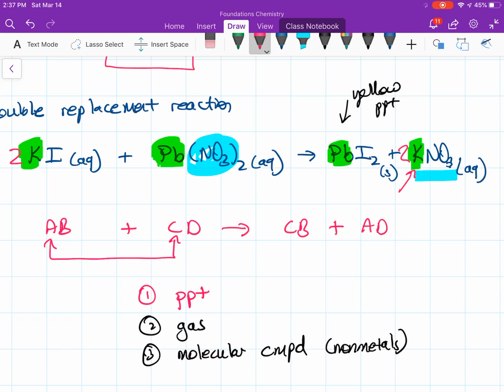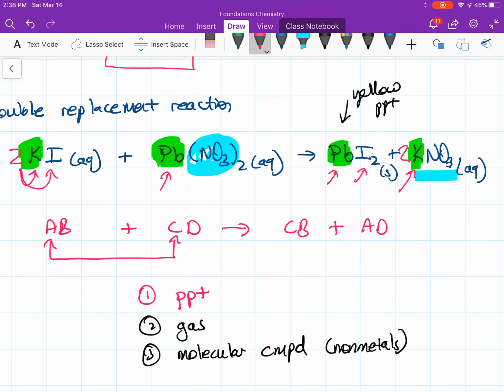Okay, so now I have two Ks and two Is. I have one Pb over here. Pb stands for lead, plumbum, lead. And I believe our reaction is balanced and we have all our symbols, and aside from it being a little bit messy, it's complete and we are good scientists.